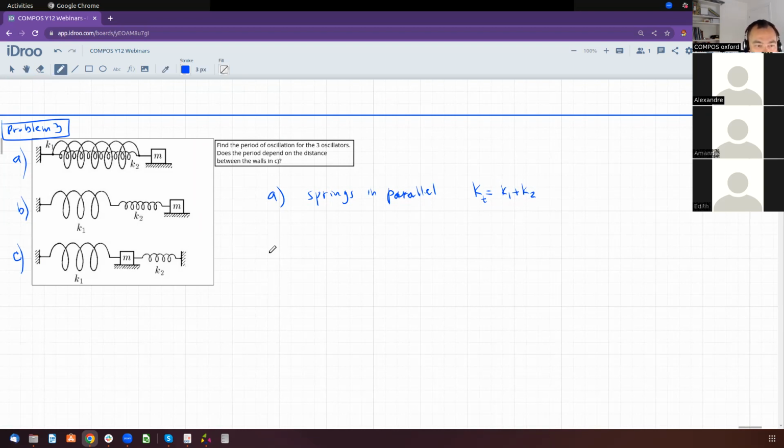For B, springs are in series, and 1 over K total is 1 over K1 plus 1 over K2.